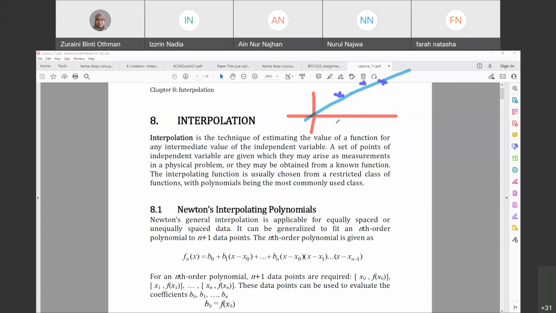Or we want to build a quadratic polynomial. Maybe this is the best fit.